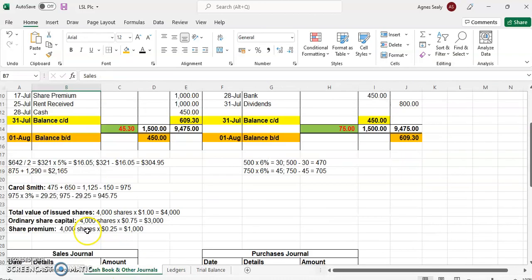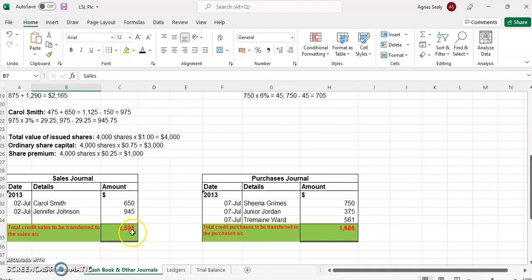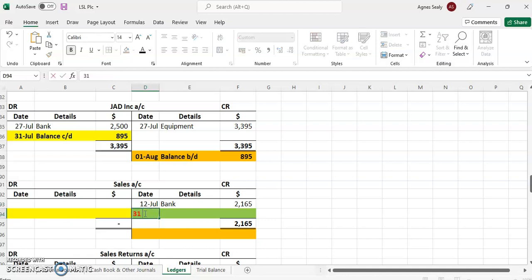And then you go to the sales journal and you're going to record the total credit sales for the month here inside of the sales account on the credit side. So you take this $1,595 and transfer it to the credit side of the sales account. So 31st of July, total credit sales $1,595.